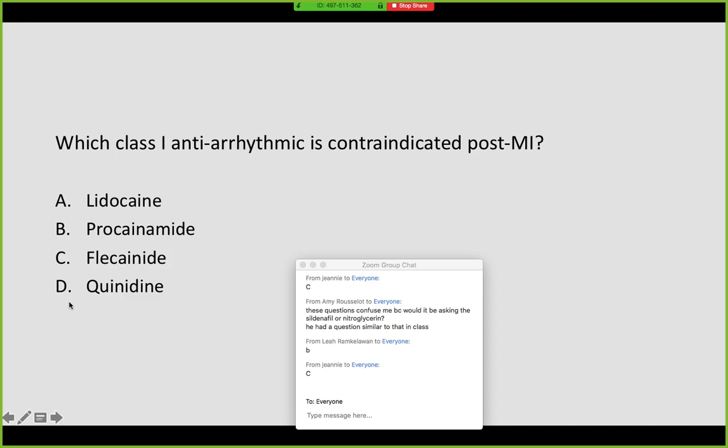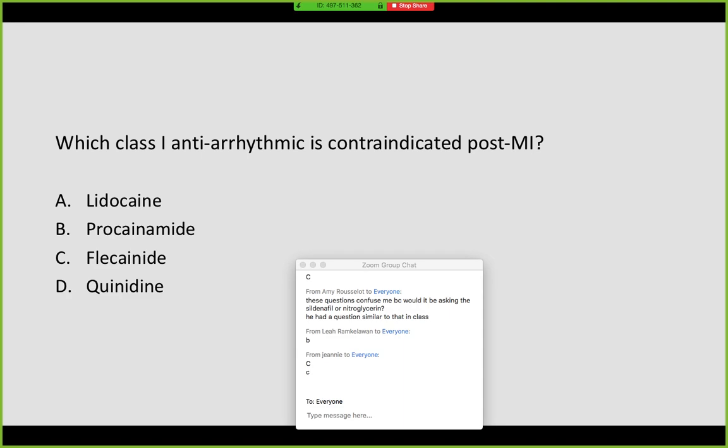Okay, a first order question. Which class 1 antiarrhythmic is contraindicated post-MI? Right, flecainide.